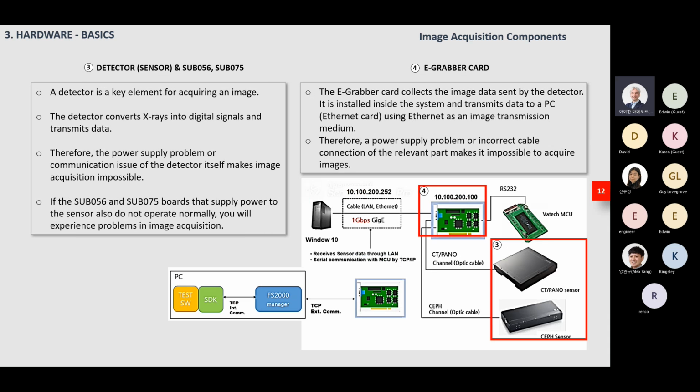In case of the eGrabber card, as I told you, it is installed in the vertical unit.